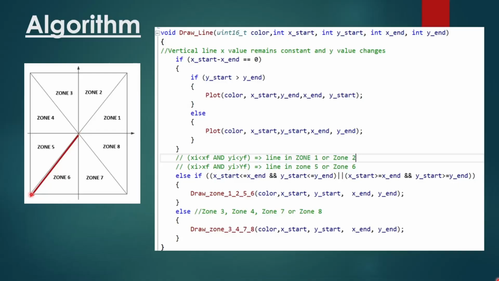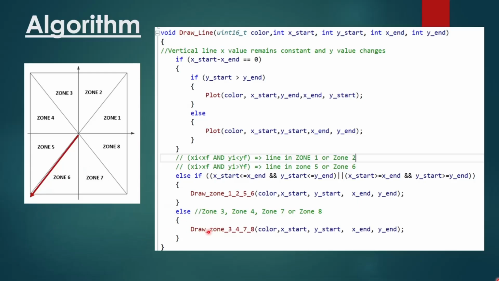The y start is greater than the yn. So what this is saying is, if either of these is true, then the line is going to be in zone 1, zone 2, zone 5, or zone 6. So it's basically a line that comes in this direction.